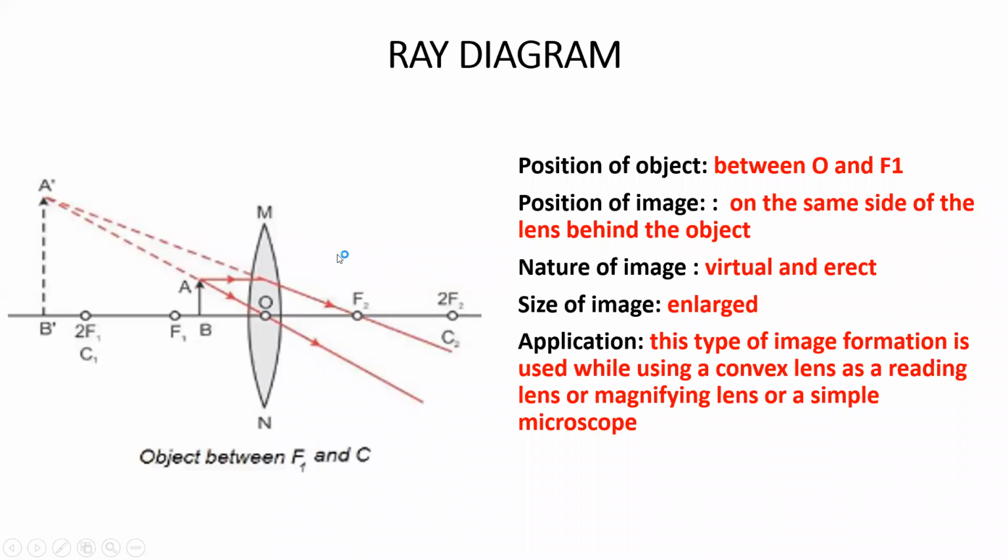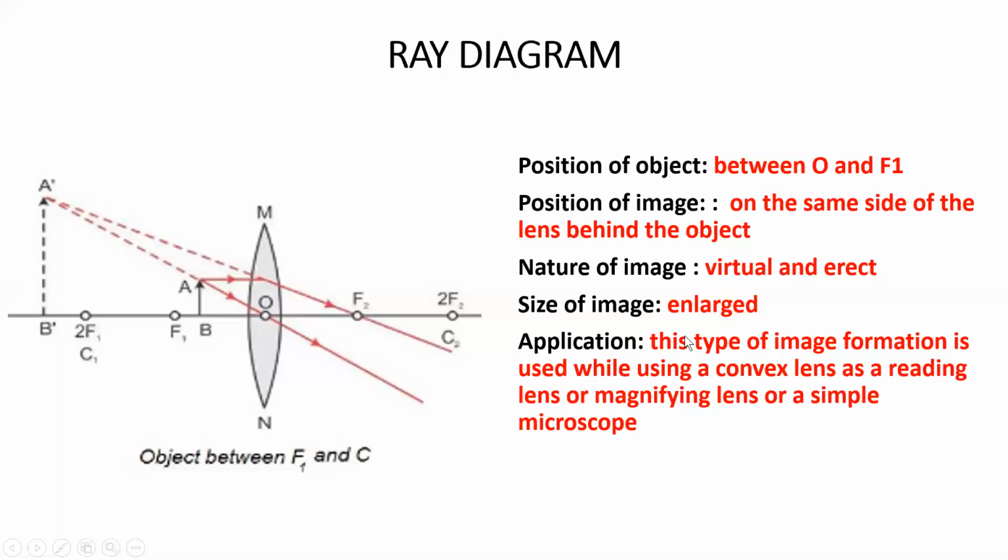And this is the most important case, when the object is between the optical center and the primary focus of a convex lens. In this case, you will see that the image is virtual and erect, and it is magnified or enlarged, and it is on the same side of the lens as the object but behind it. It will always be formed behind the object, okay, on the same side of the lens behind it.